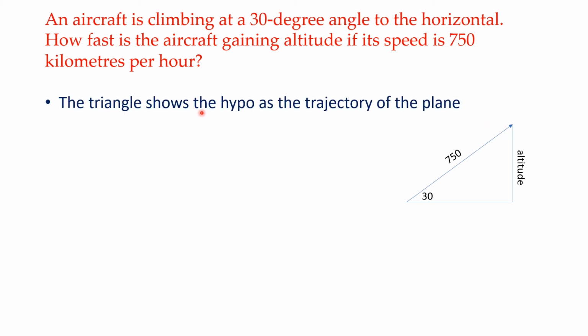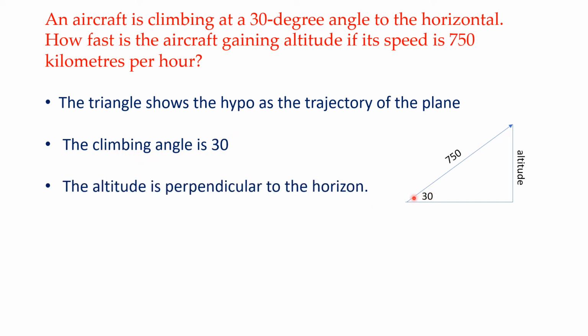The triangle shows the hypotenuse as the trajectory of the plane. The climbing angle is 30. The altitude is perpendicular to the horizontal line, which is this altitude.